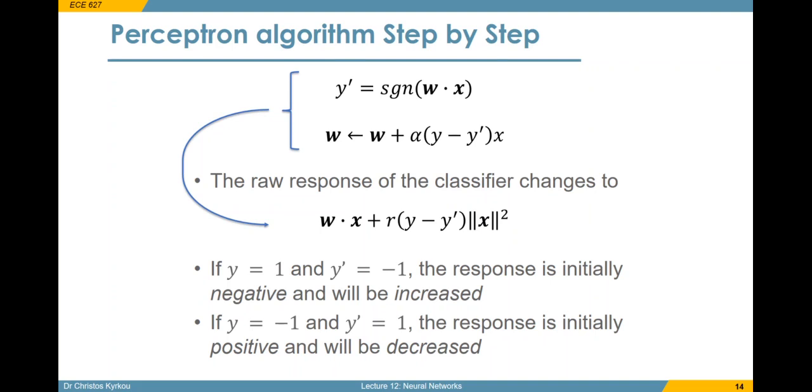So again, if the labels are different, specifically if the target label is 1 and the classifier outputs -1, then the response is negative by the classifier, and we want to increase it so that in the next iterations it will become positive. If the target is -1 and our classifier outputs 1, then the response is positive, so we want to decrease it. So this relationship here is reflected in the difference between the ground truth and the output of the perceptron.